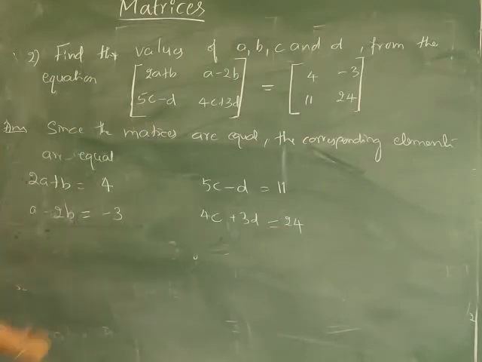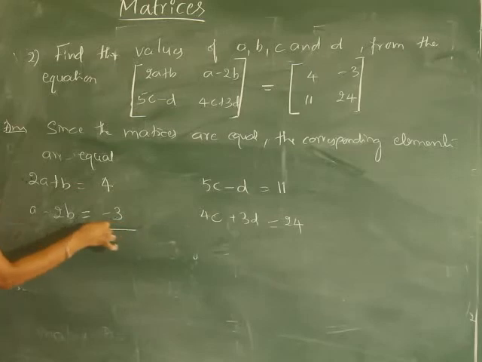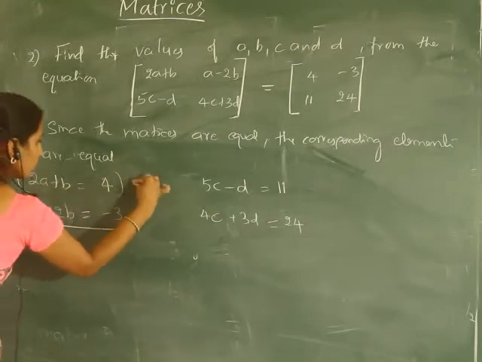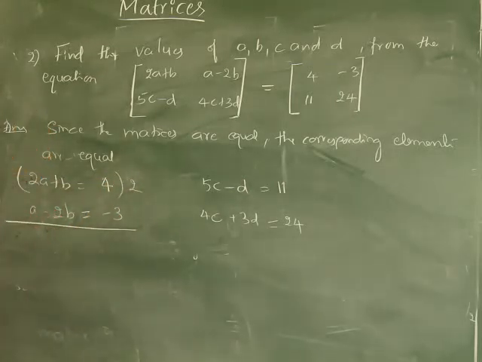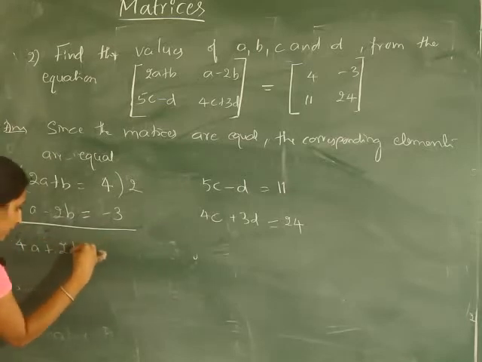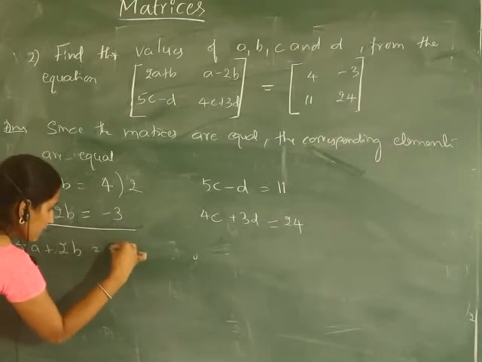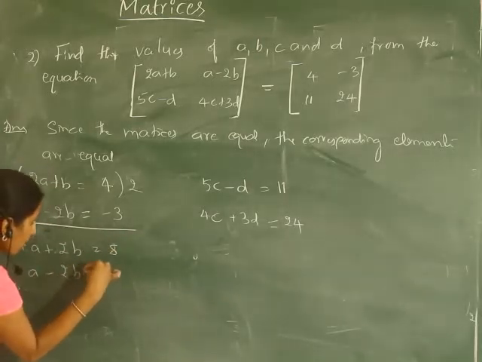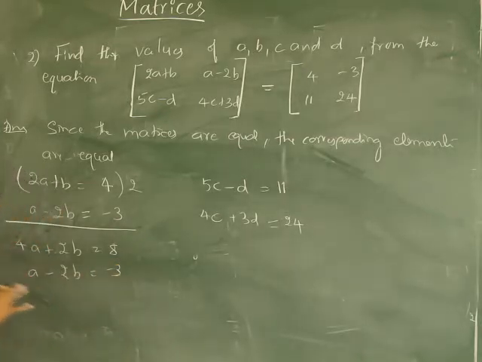So what I'll do is I'll multiply equation 1 by 2. So we are getting 4A plus 2B is equal to 8, and one more, A minus 2B is equal to minus 3. So now we have to add.